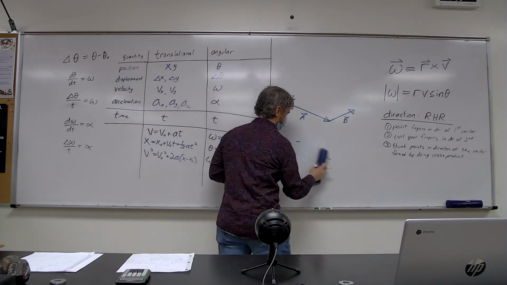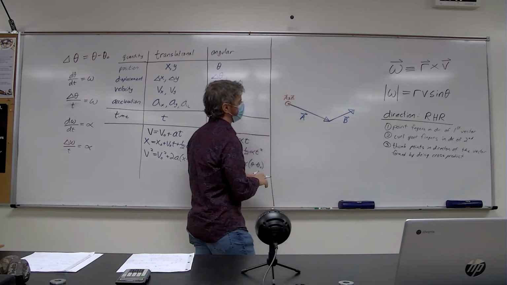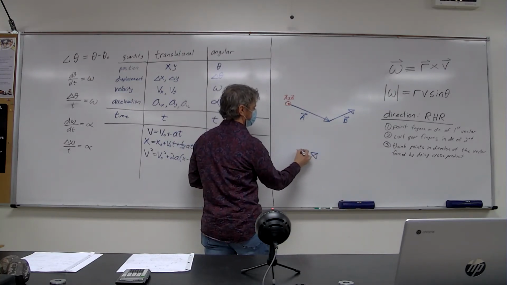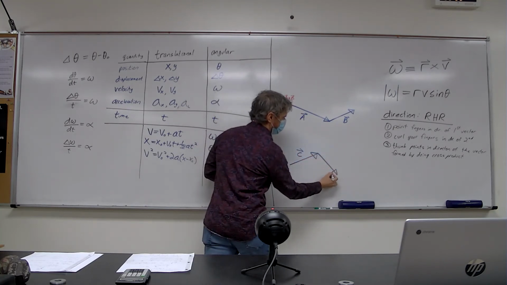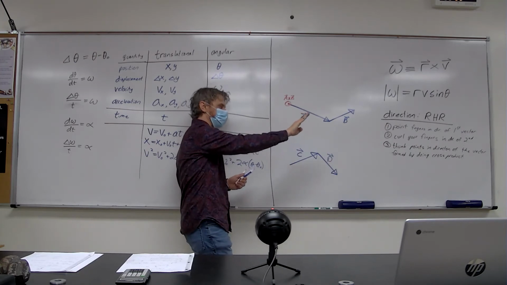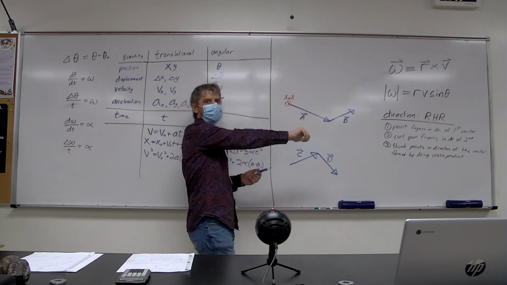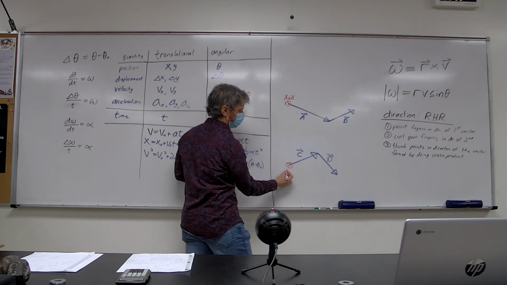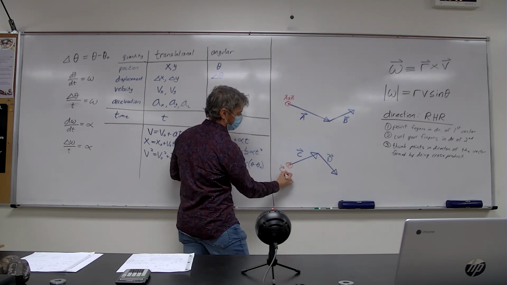Let's call them C and then D. Point fingers in the direction of C, curl them in the direction of D, into the board. The resultant vector would be into the board, so you draw an X with a circle around it. That would be C cross D.